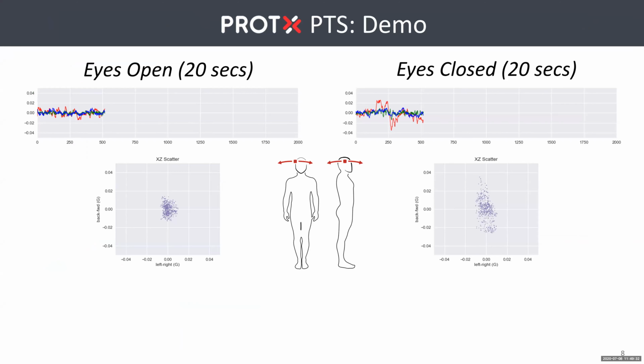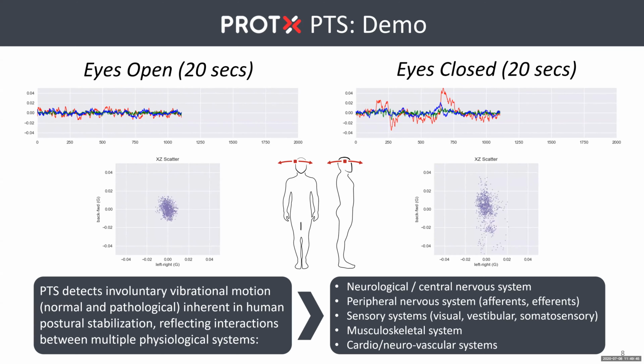So as illustrated here, the actual Vibrata test involves simply placing the sensor behind the user's ear with a small disposable adhesive, and then having them stand still for 20 seconds with their eyes open, and again for 20 seconds with their eyes closed. You can think of the Protxx sensor as a very sensitive seismometer for the human body.